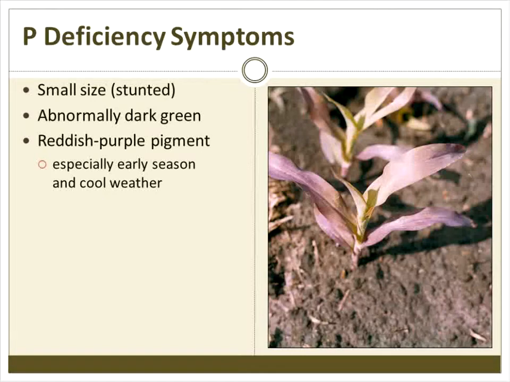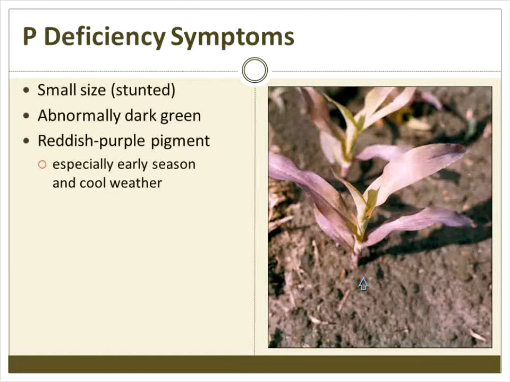The deficiency symptoms can be quite striking. If you look at this plant here on the right, this is an example of a phosphorus deficient corn plant. You see that it's purple, and purple is probably not a color that you want to see in your corn. You probably want your corn to be green. This is fairly typical of phosphorus deficiency.